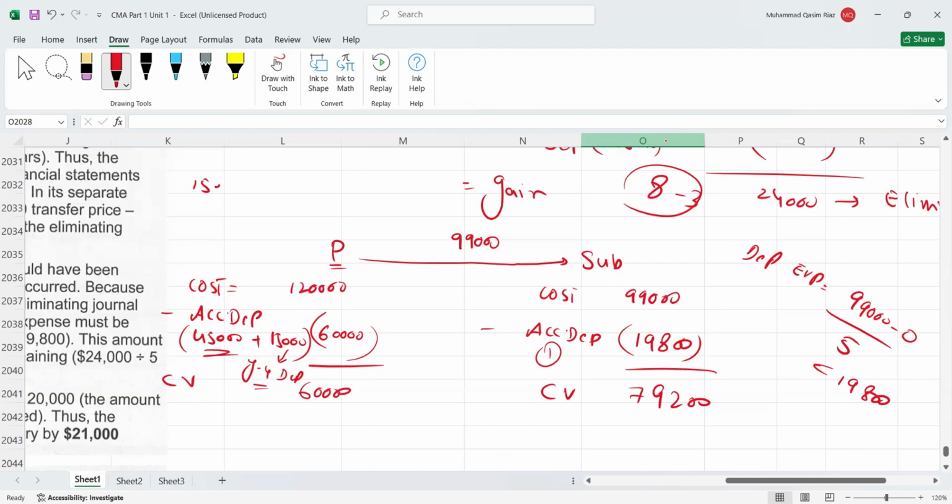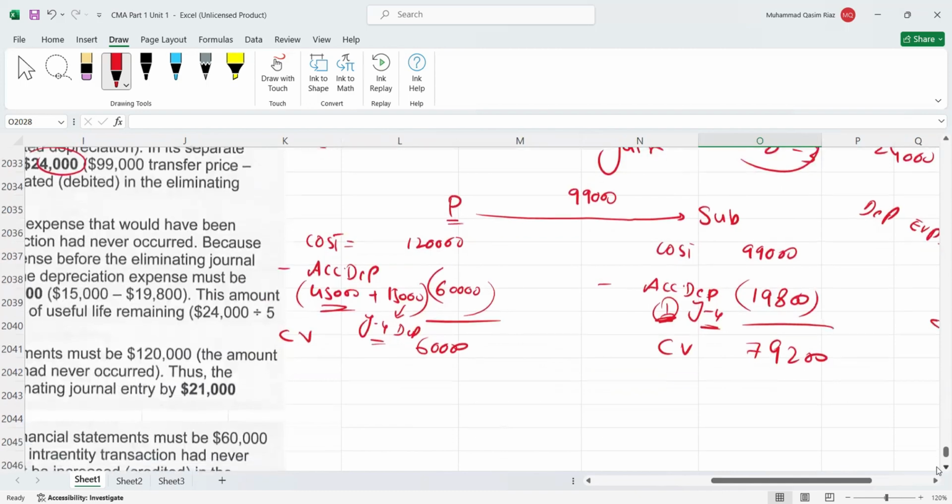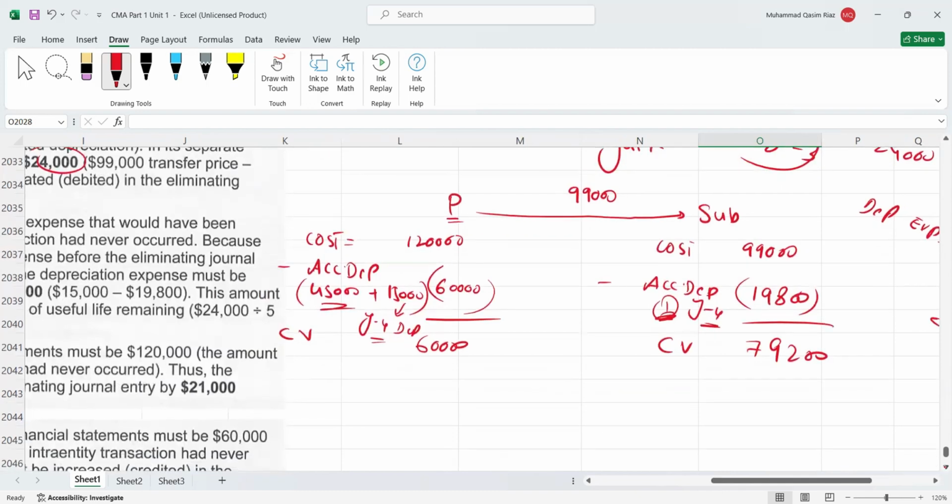Okay, now this depreciation is also year 4 depreciation, right? Year 4 means this is only the first year for the subsidiary, but actually it is year 4 in total. Now what adjustment do we have to do for depreciation expense? Because when we prepare the consolidated financial statements, we assume as if this intra-entity transaction had never occurred.